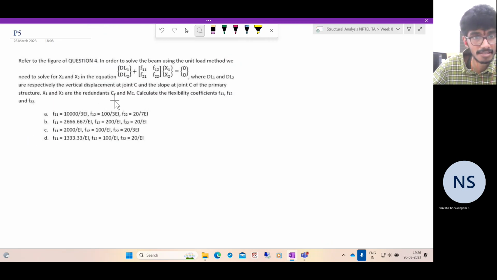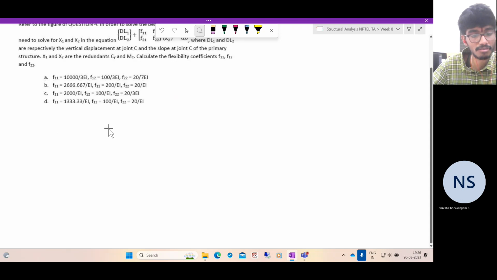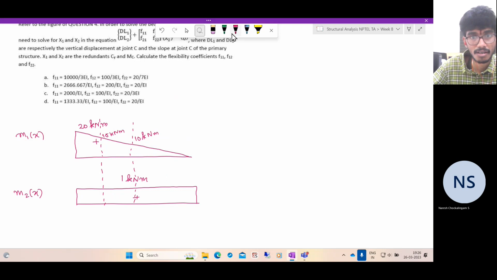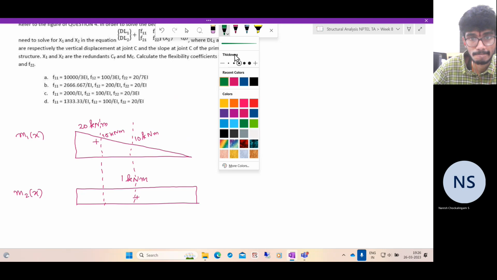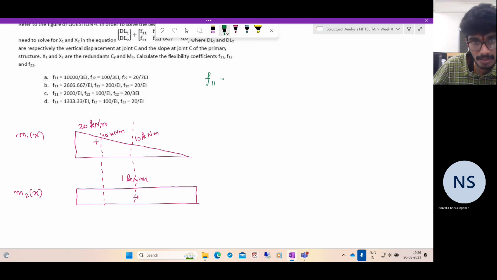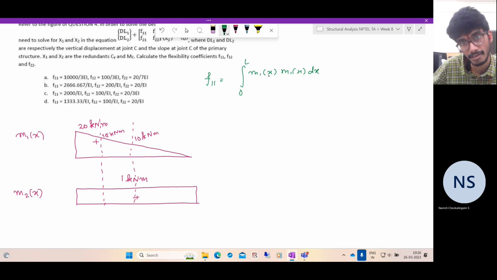Let us take it to the next page. The next problem asks us to find the flexibility coefficients. How do we determine them? f11 is nothing but the integral 0 to L of m1 of x squared dx by EI.